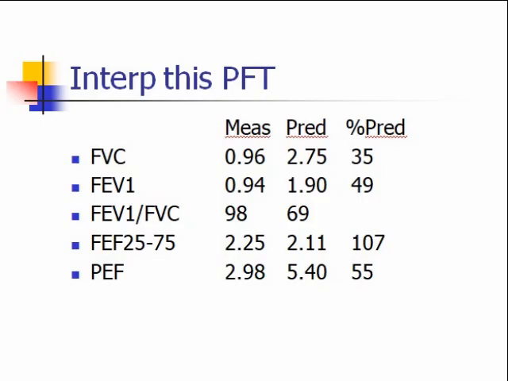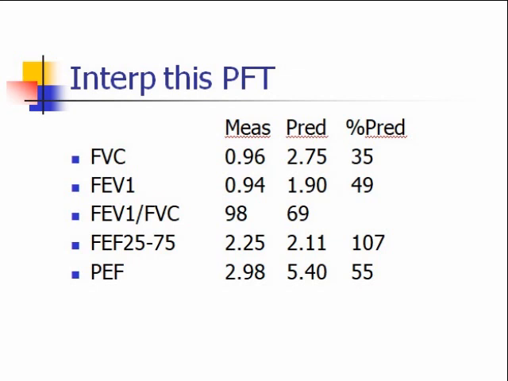Now, we're just going to grab a bunch of little measurements here instead of having a printed pulmonary function report. But here you can see FVC, FEV1, FEV1 to FVC ratio, peak flow, and FEF 25-75. And we have the measured amount, the predicted amount, and the percent of predicted.